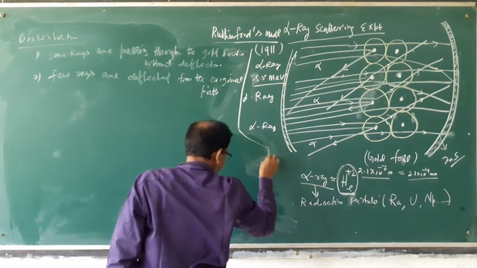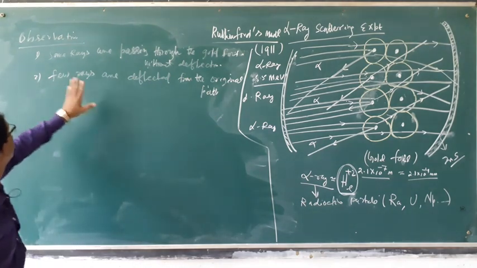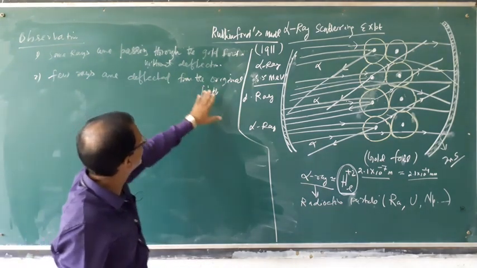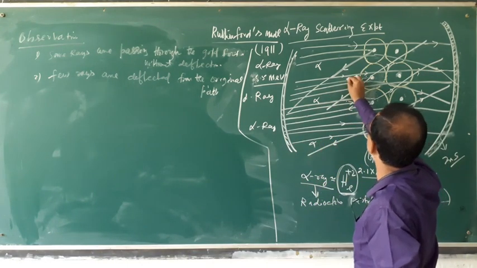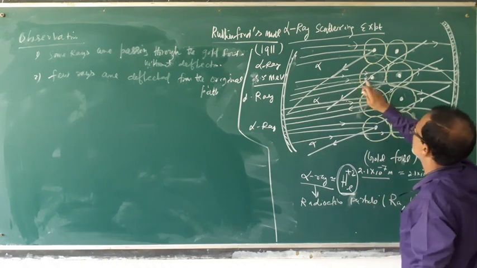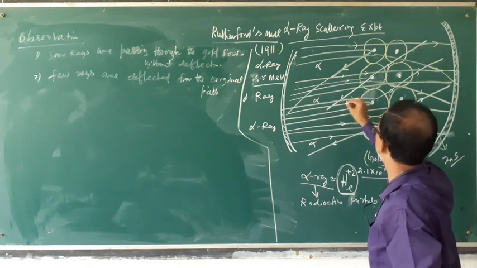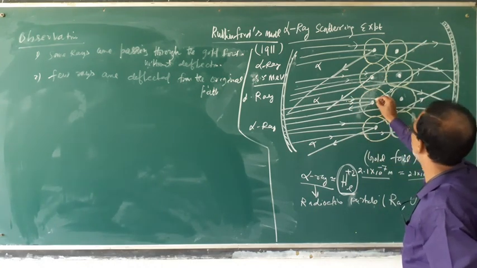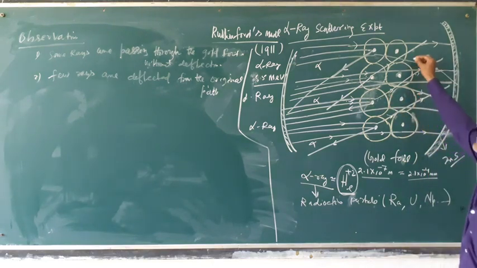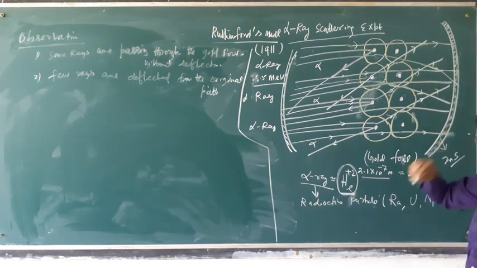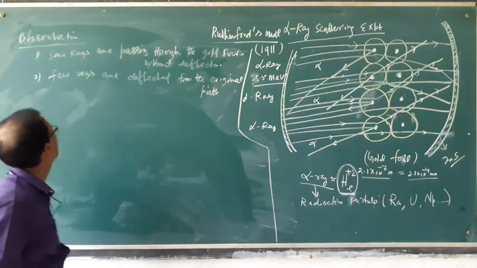Some rays are passing through the gold foil and few rays are deflected from the original path, like this. This is the example. Suppose this is the ray and this is the direction, then after passing the gold foil it changes like this. These are the changes of direction, this one, second one, third one. This type of observation: few rays are deflected from the original path.